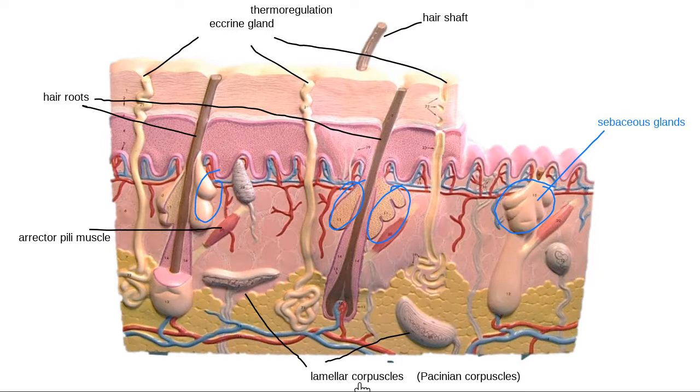Their job is to detect pressure. So think about pressure as I'm holding a bowling ball and it presses down on my epidermis and all the parts of my dermis, and I can feel that pressing. That's a very deep sensation, pressure. So the lamellar corpuscles that are deep down in the skin are going to detect pressure.